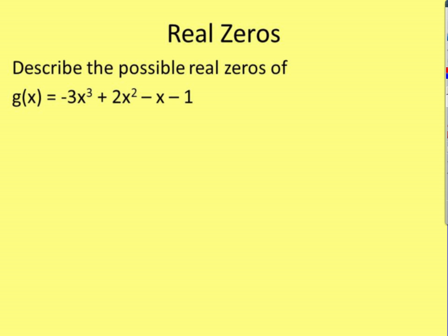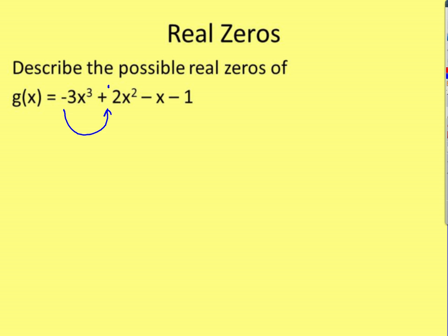So if we take a look at this example, we want to see how many times we go from a negative to a positive and a positive to a negative. If we look at our signs, I have a -3, and then we go to a +2, so that's one sign change.